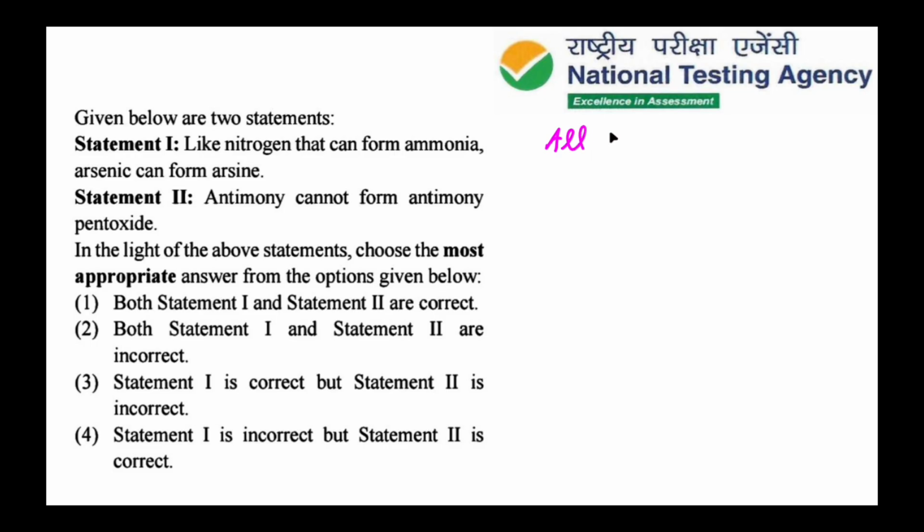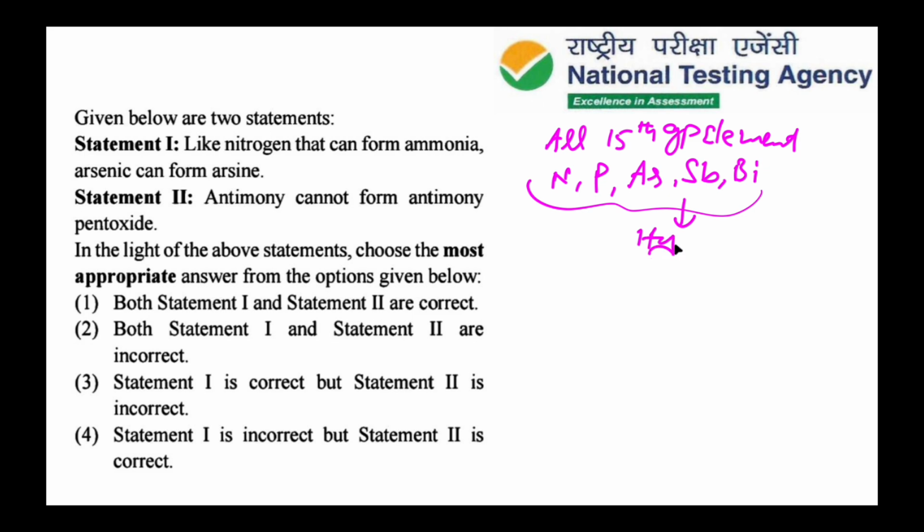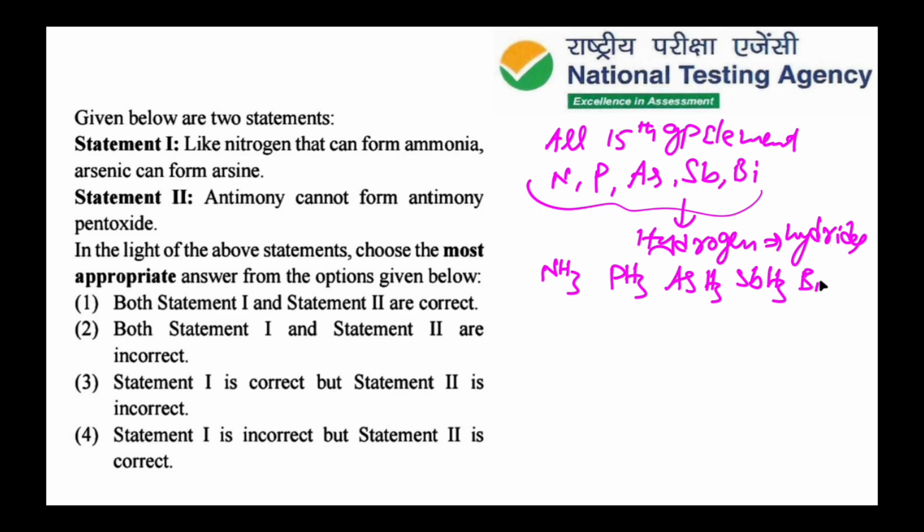All 15th group elements, that is nitrogen, phosphorus, arsenic, antimony and bismuth, when they react with hydrogen, form hydrides, that is NH3, PH3, AsH3, SbH3 and BiH3, that is ammonia, phosphine, arsine, stibine, bismuthine.